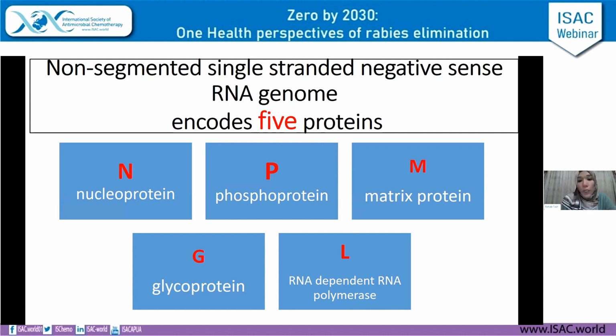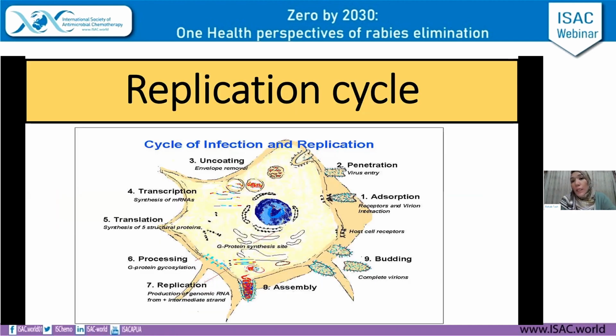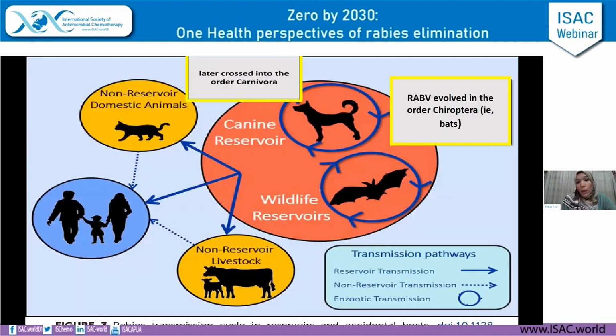Most importantly for diagnostic modality is the nucleoprotein, which is the target for antigen detection tests. This is the typical replication cycle of negative-sense RNA viruses in the cytoplasm. Here we can recall the historical Negri bodies, the eosinophilic inclusion bodies found in the cytoplasm of the infected cells.